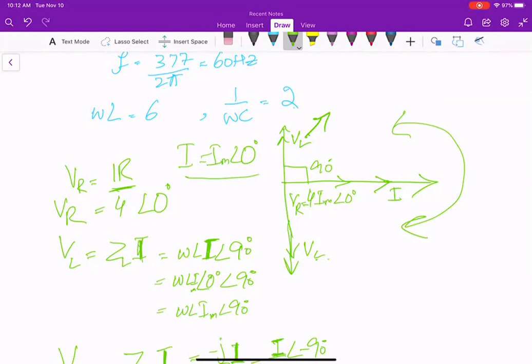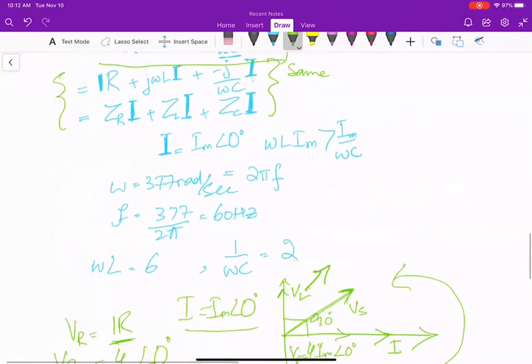But now we will try to put our original angles to see how this will play out, okay? So another thing here is that you can see your VR, I, and VC is this. And the total is VS, which will be the hypotenuse here, because it's the sum of all the phasors here.